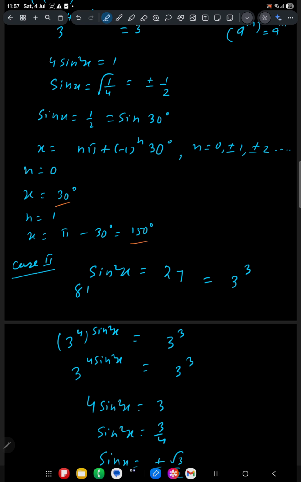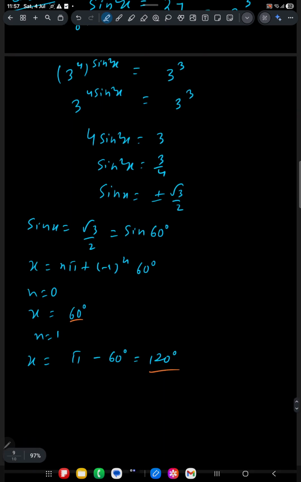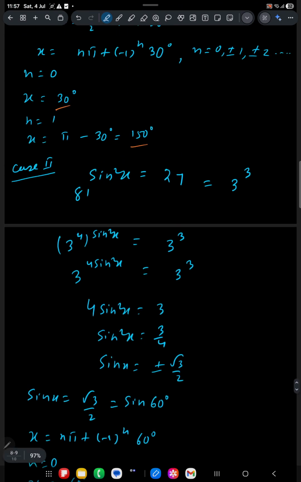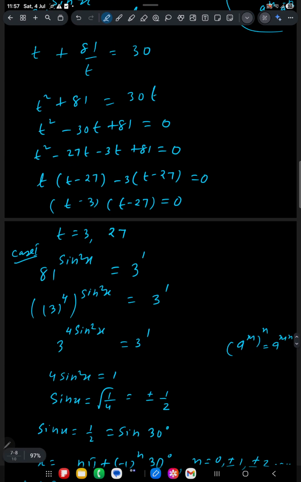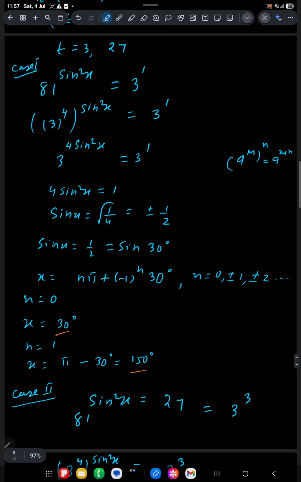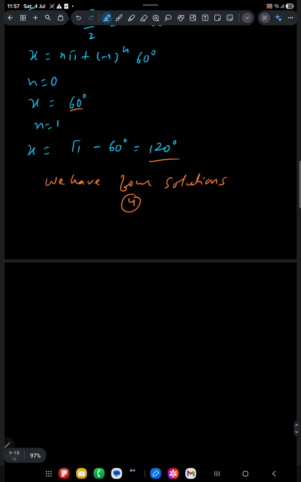So 4 solutions are possible. What are the options here? The option for 4 solutions is option B, so option B is correct.